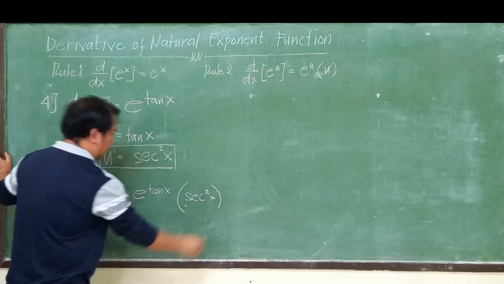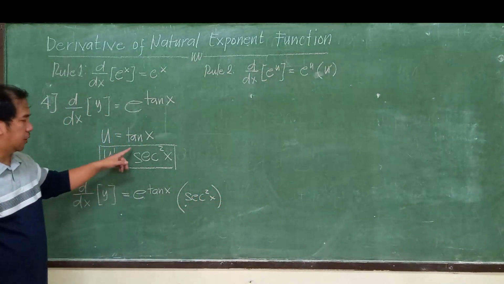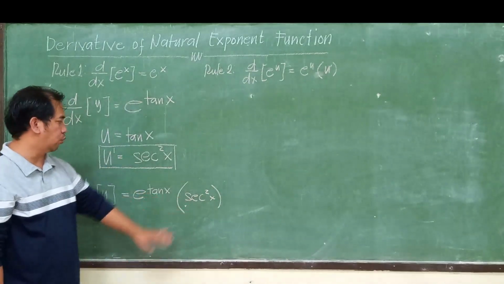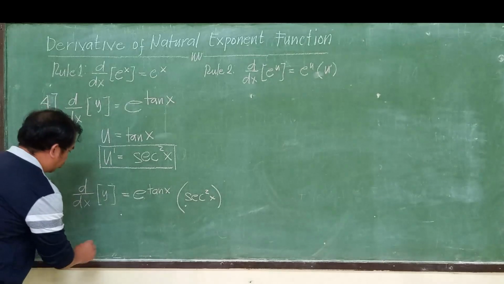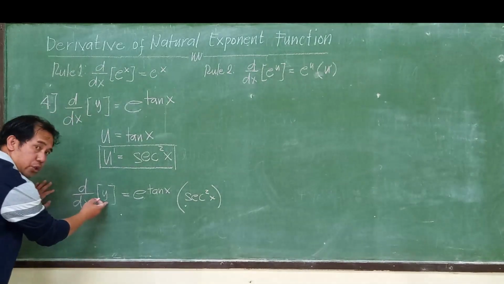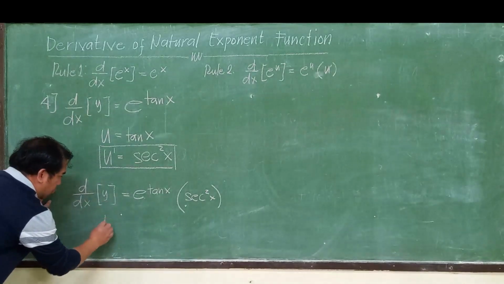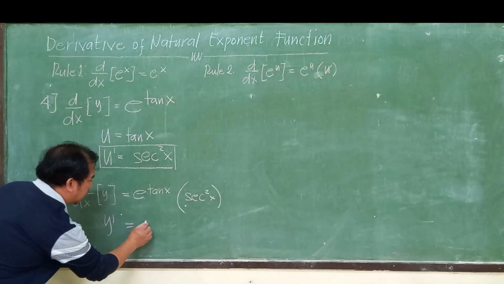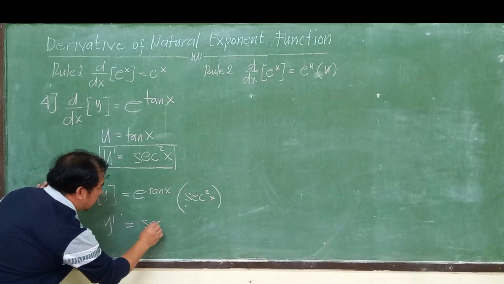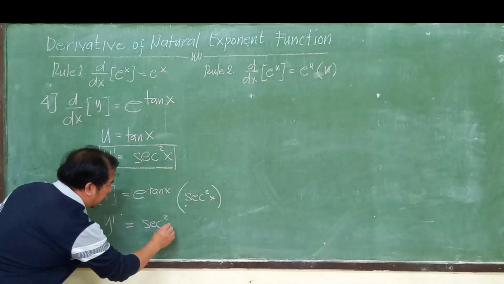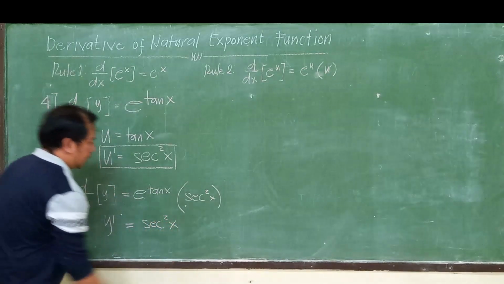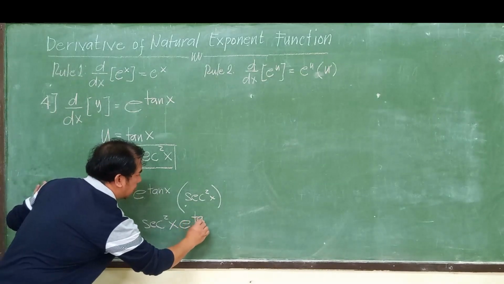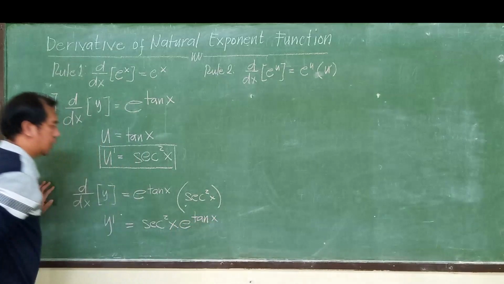Okay, so that is our derivative for the tangent. After that one, we multiply. So when we are going to multiply that one now, I will use the y prime. Y prime now would be secant squared x e raised to tangent x.